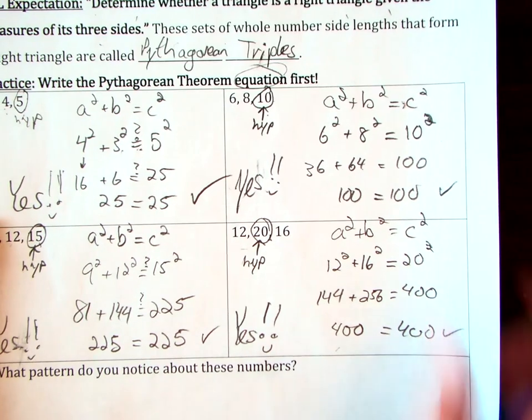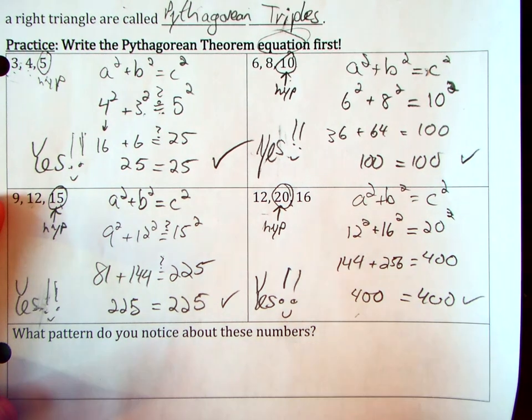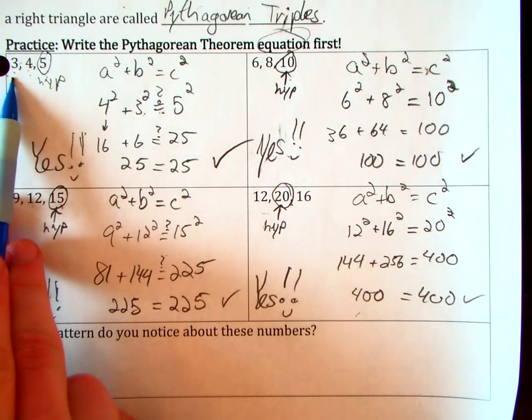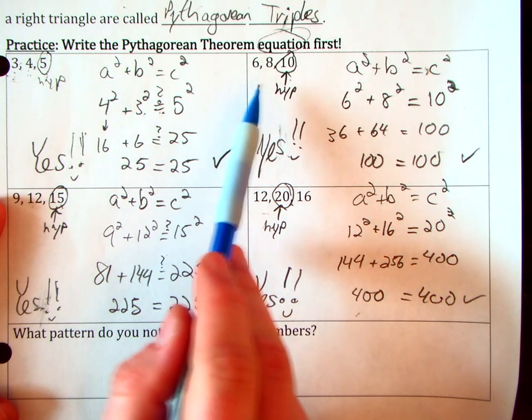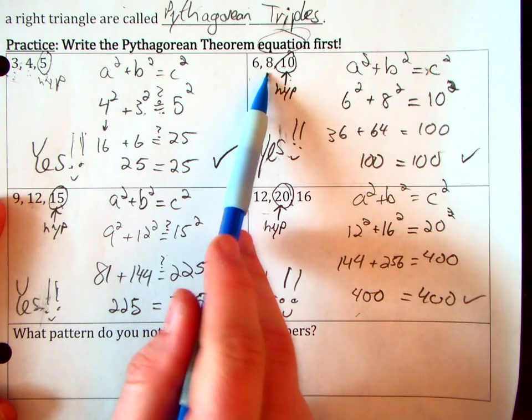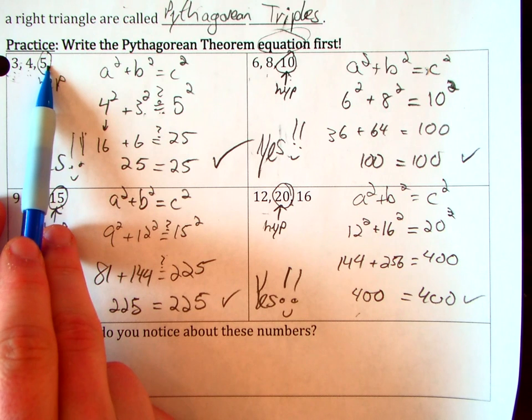And so now, last question on this. What kind of pattern do you notice about these numbers? Well, if you look at this first set of triples, you see that's 3, 4, 5. What about 6, 8, and 10? Well, if we multiplied 2 to each of these values, we would know that it would be another multiple of it.